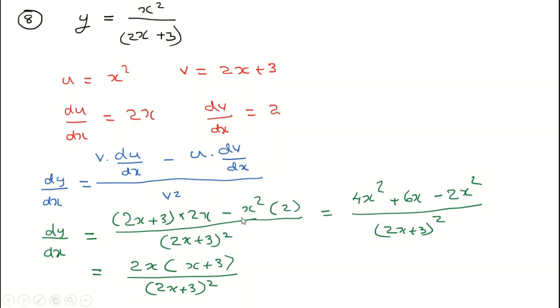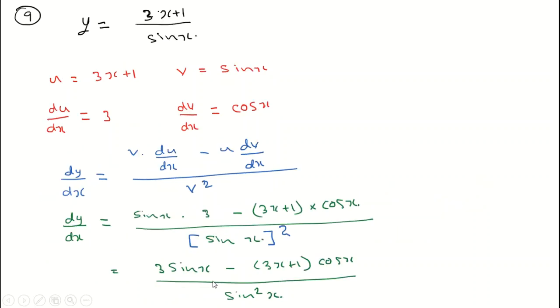When you simplify, 2x is common, it will become 2x into (x plus 3) over (2x plus 3) squared. Next, 3x plus 1 over sin x. When you differentiate this, it is 3. When you differentiate sin x, it is cos x, and then sin x into 3, minus (3x plus 1) into cos x.